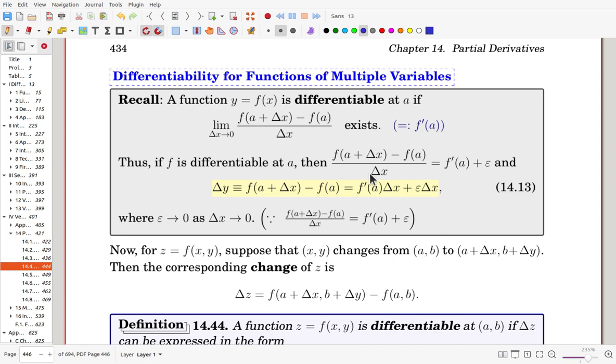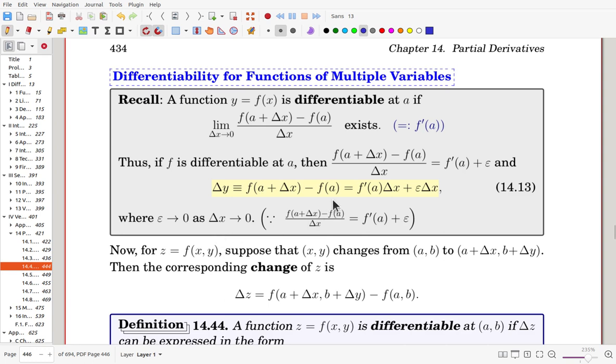We multiply by delta x, then the left-hand side is the same as this one, and we define this portion as the change in y. Now, in this equation, epsilon approaches 0 as delta x approaches 0.